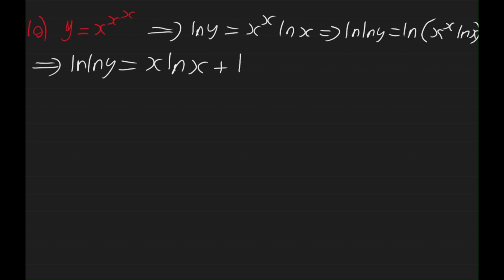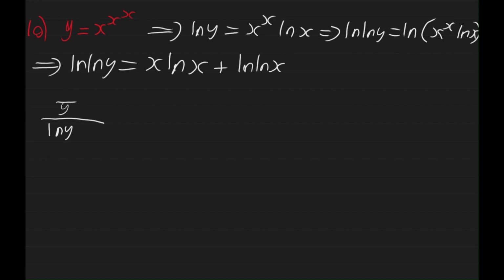Plus ln x. Now to solve this, we're going to say what's inside the ln? It's ln y outside the greatest ln. Okay? Ln y. What's the derivative of ln y? 1 over y.